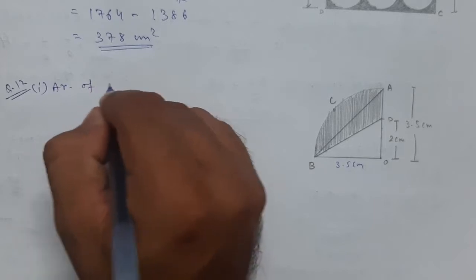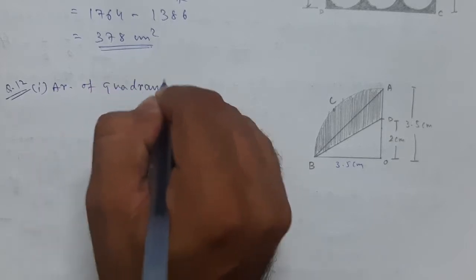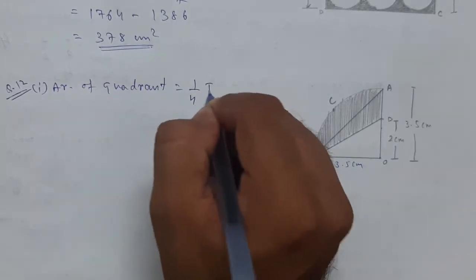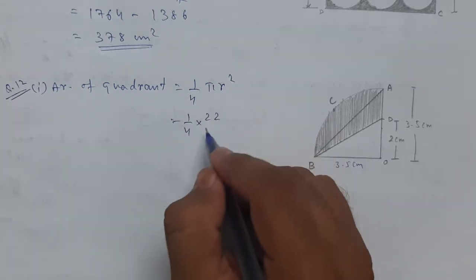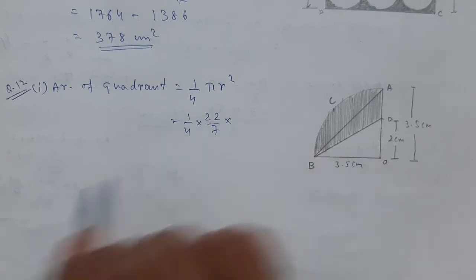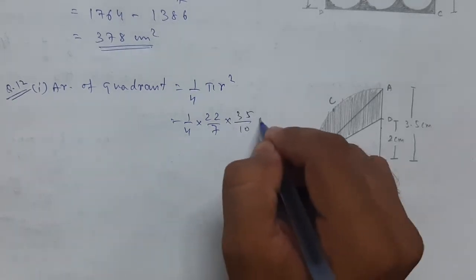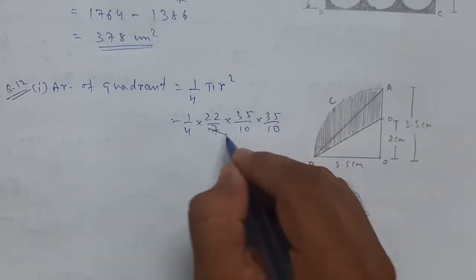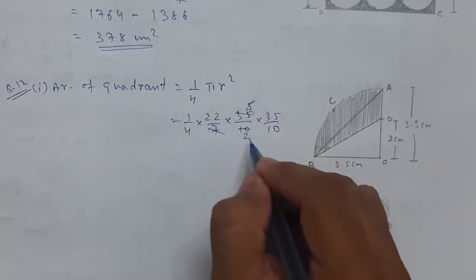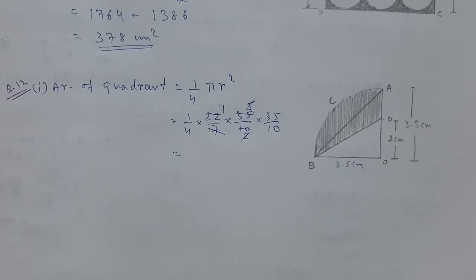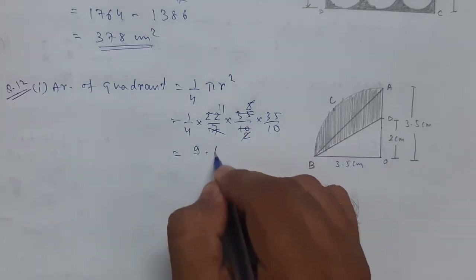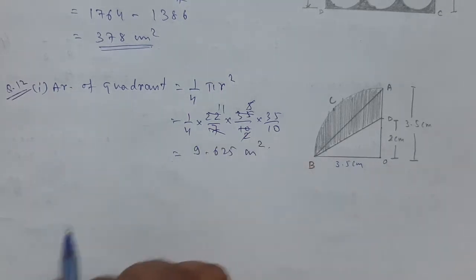First, area of quadrant is equal to 1 by 4 pi r square, that is equal to 1 by 4 into 22 by 7 into 35 by 10 into 35 by 10. So 35 into 11 divided by 40 will yield you 9.625 centimeter square.